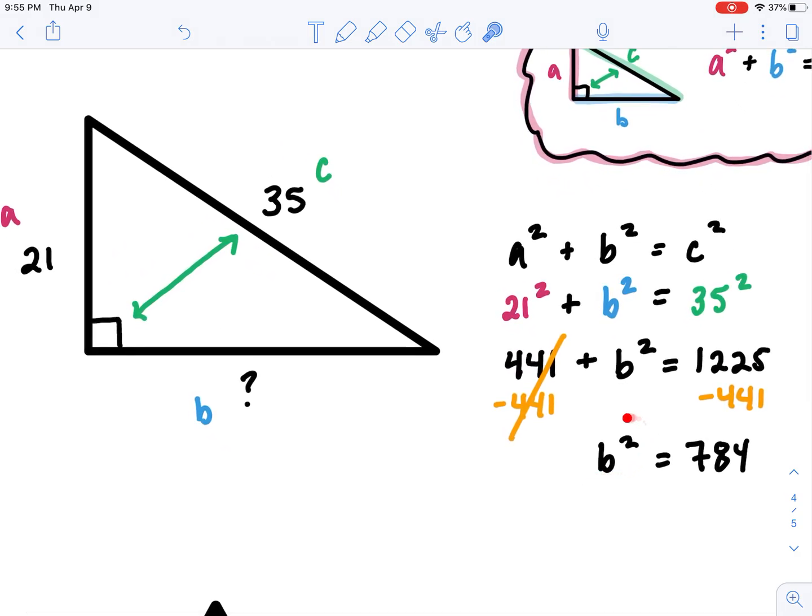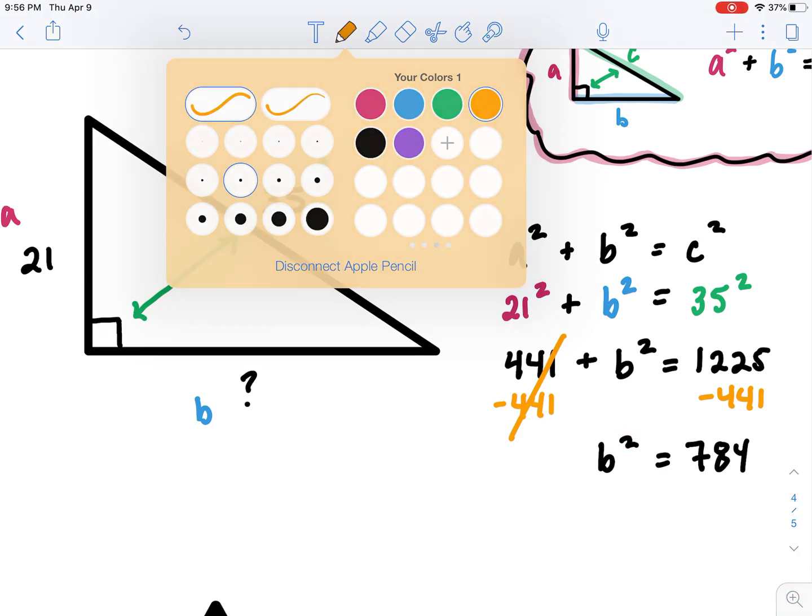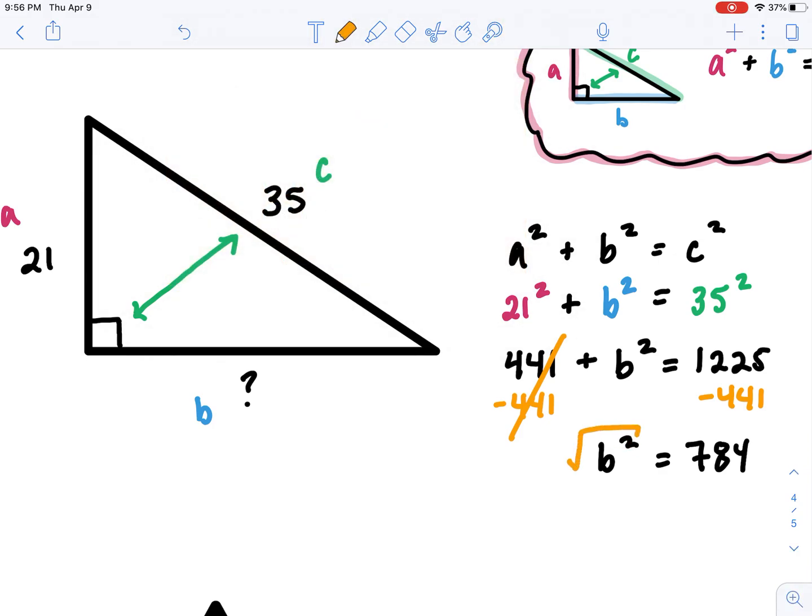Last thing we need to do is get rid of the exponent on B. I have B squared. I need to do the opposite of that to get rid of this square. So the opposite of squaring is square root, so I'm going to square root both sides. To do this, I can type 784 into my calculator and then hit the square root button on your phone.